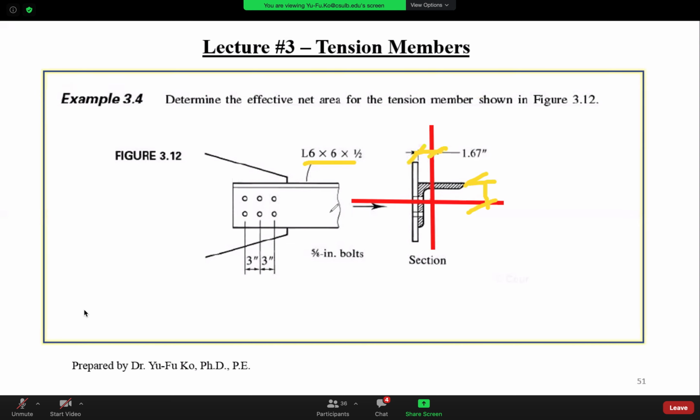You can check out any section which is non-symmetric, for example 7 by 4 by 3/4. Then you will see Y bar and X bar. The numbers are different if the angle is non-symmetric.